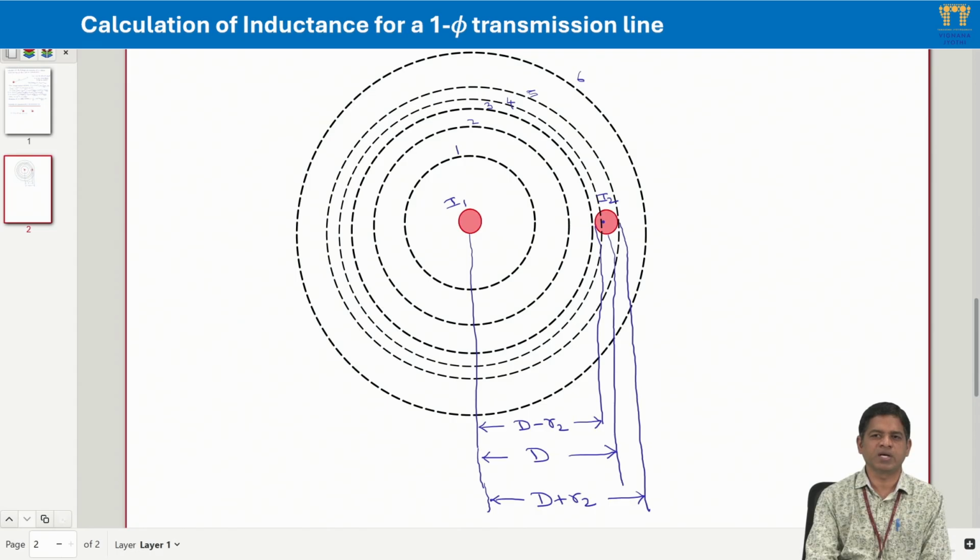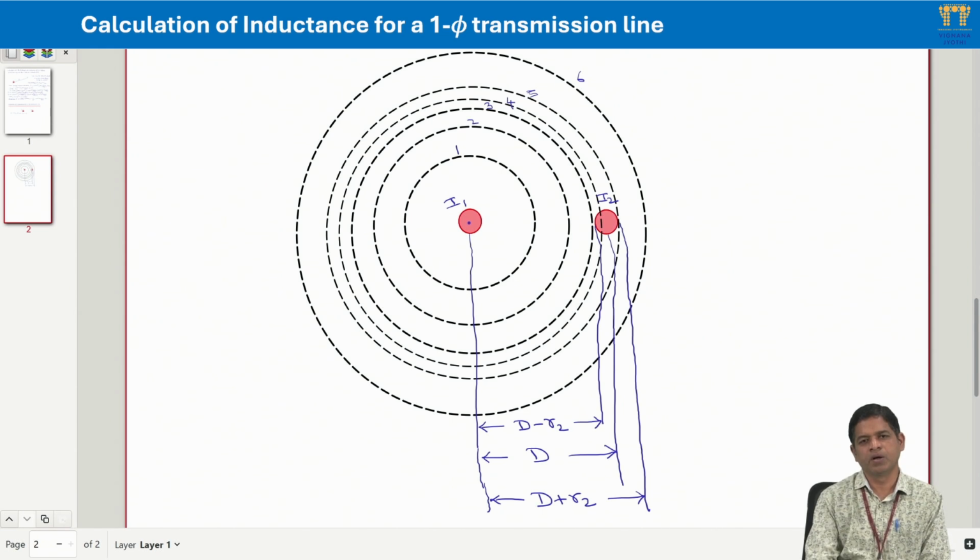Based upon these observations, we can make an assumption that the flux from the center of conductor 1 till the center of conductor 2 links the entire current which is flowing in conductor 1.